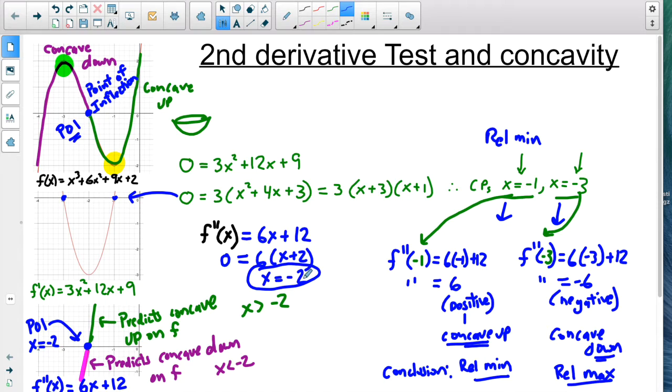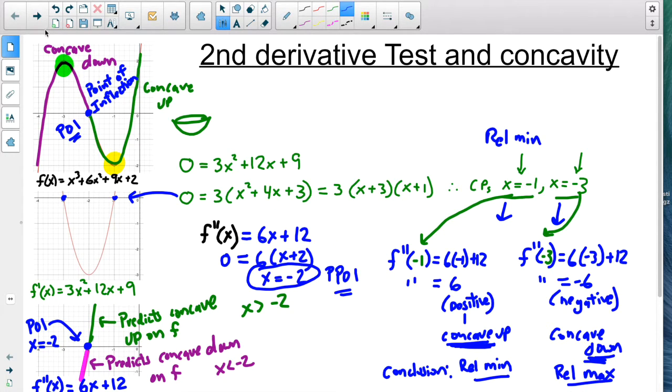You just have to make sure that it actually changes on both sides. Just because it's 0 doesn't mean it's a POI. It's actually a PUPOI, a potential point of inflection, until we confirm, which is easy from the graph here, that to the left and right of this you get two different concavities: concave up and concave down.